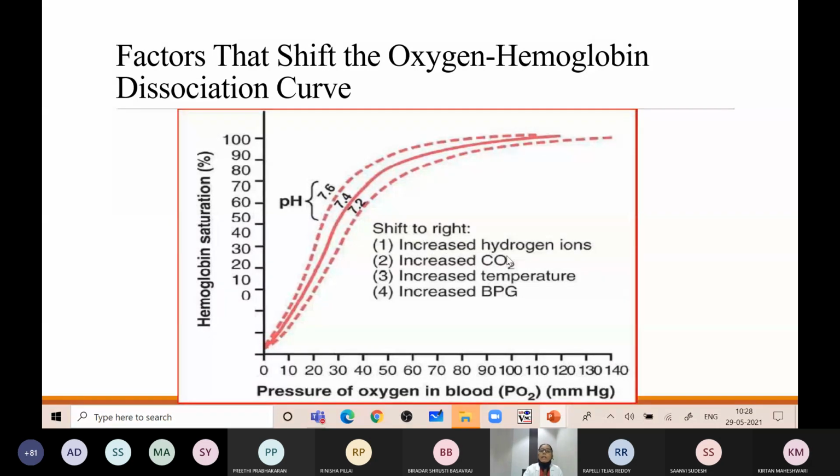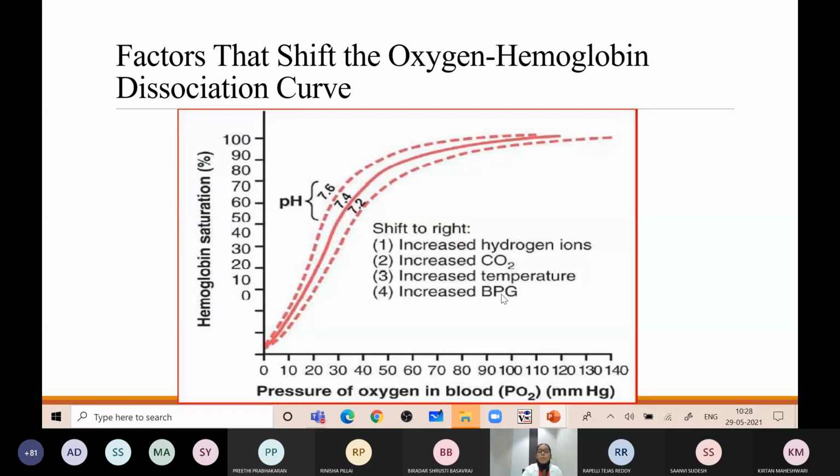So shift to the right occurs whenever there is an increased hydrogen ion or decrease in pH, and increased carbon dioxide. Increased carbon dioxide again leads to a decrease in pH, isn't it? And increased temperature. Increased temperature also causes the oxyhemoglobin curve to shift to the right, and increased 2,3 DPG.